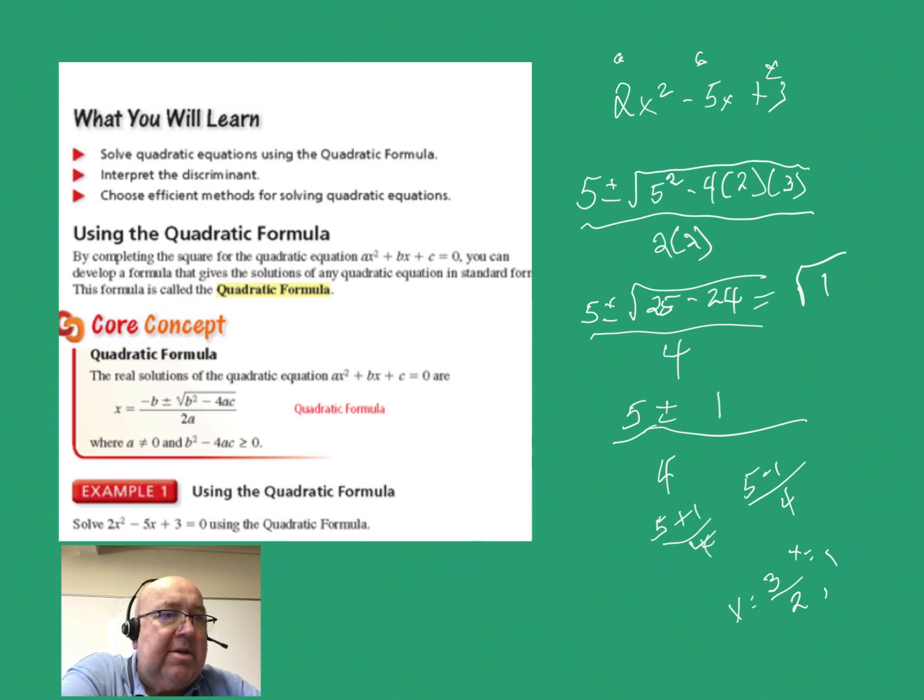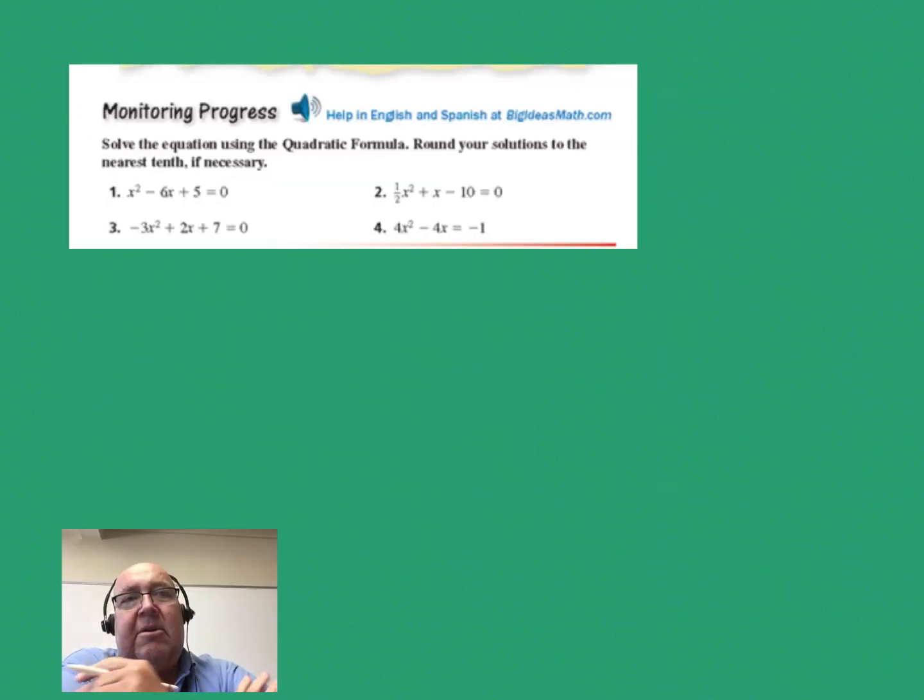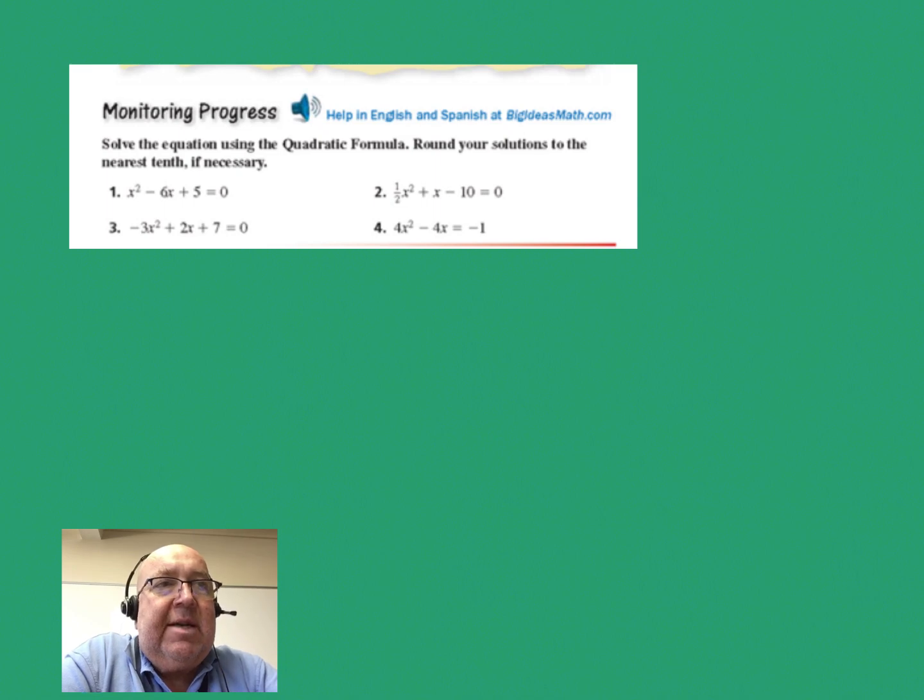So let's look at something else here. Some examples. I'm going to do 1 and 4, and if anybody wants to do 2 or 3 and then ask me what the solutions are, we could work that. So number 1, our b is negative 6 already, so it's going to be 6 plus or minus the square root.